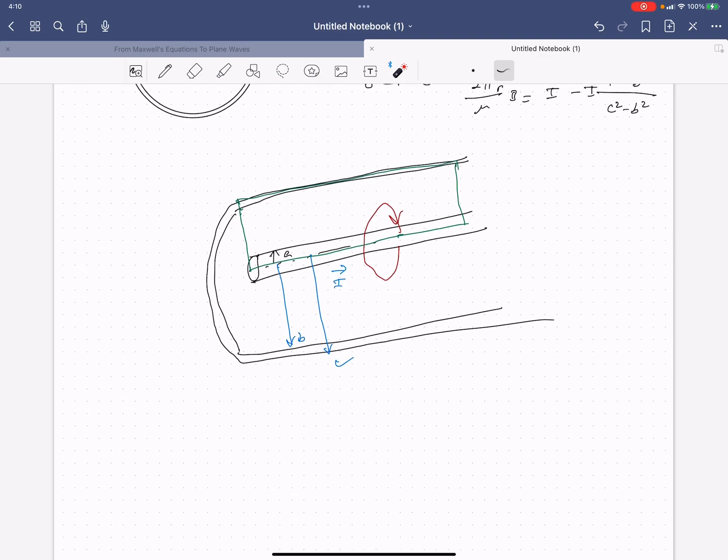So in the case of R less than A, N is equal to R squared over A squared, the number of flux linkages. In the case of R between A and B, the flux linkage is going to be 1, so the entire flux gets linked.